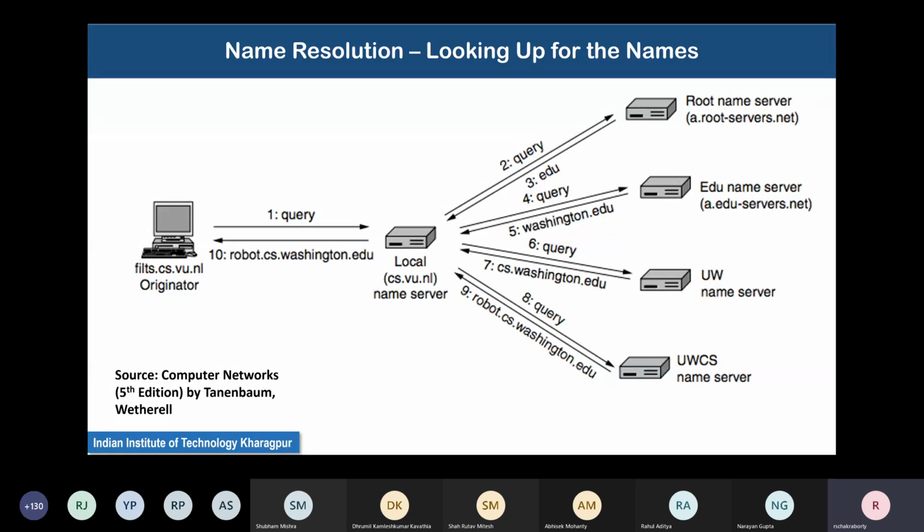UDP makes no promise about whether the message will be delivered or not. No promise either to the sender or to the receiver. Nothing, no feedback, no promise, no ordered delivery. Right now we are talking over Teams.